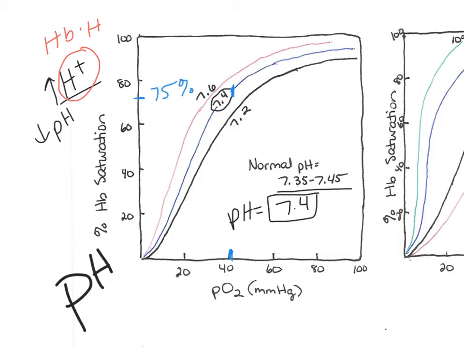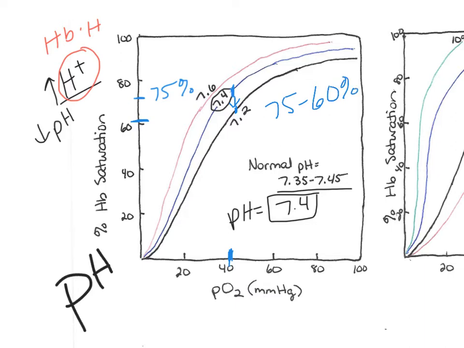Now, if the blood became more acidic and the pH dropped down from 7.4 down to 7.2, then at a PO2 of 40 millimeters of mercury, the saturation rate would only be 60%. So by dropping that 0.2 in pH, the saturation rate dropped from 75 to 60%.